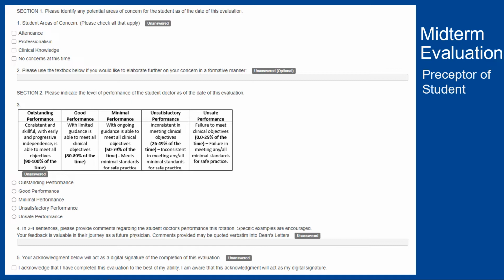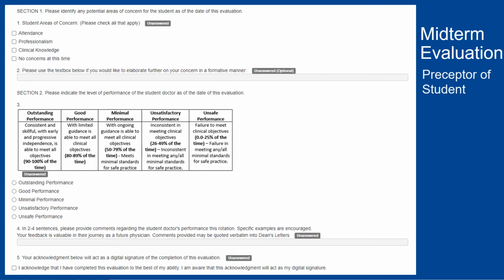Question 3 asks you to indicate the level of performance of the student doctor as of the date of this evaluation. Question 4 is an opportunity to provide comments regarding the student doctor's performance. We encourage you to provide specific examples to supplement your ranking in question 3.